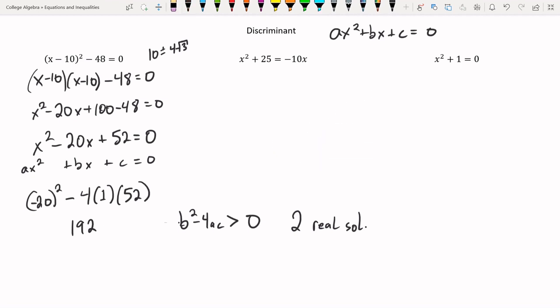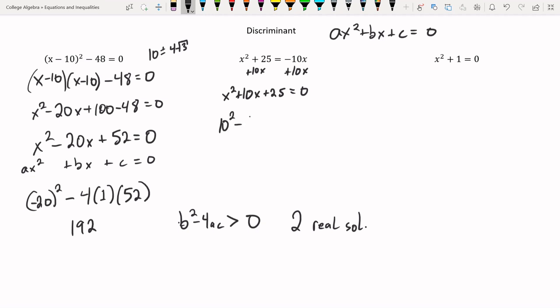Okay, now for this next one, I need to add the 10x to the other side first to get x squared plus 10x plus 25 equals 0. Now this is in ax squared plus bx plus c form. A is 1, b is 10, and c is 25.